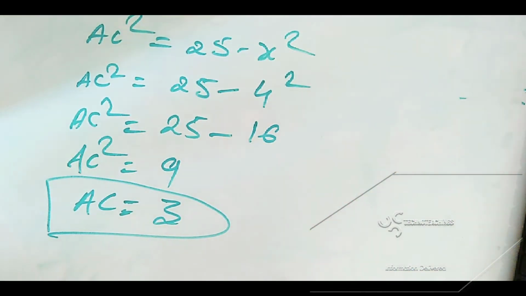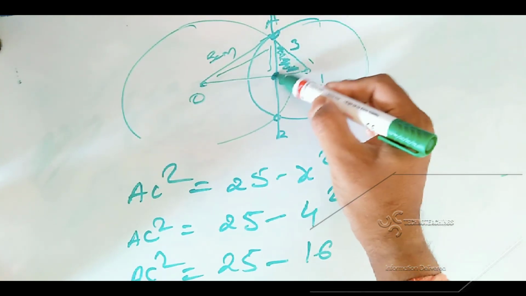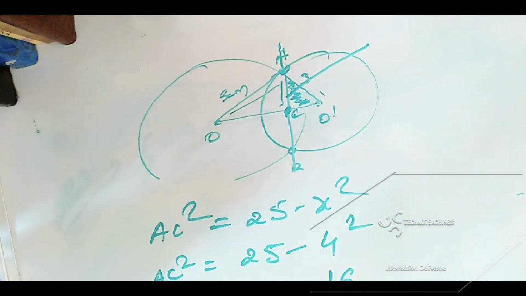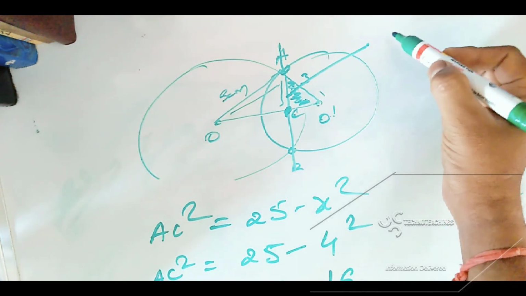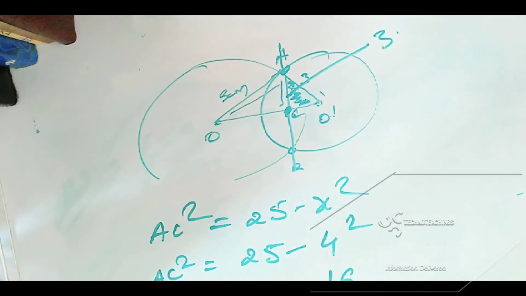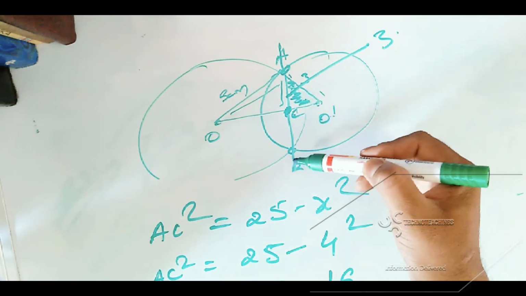Now I got the value of AC as 3. The same holds for CB, or BC.